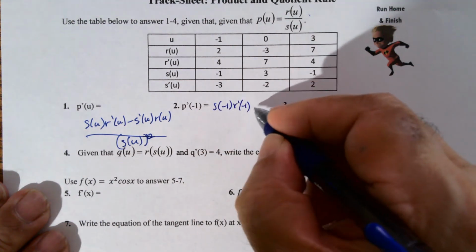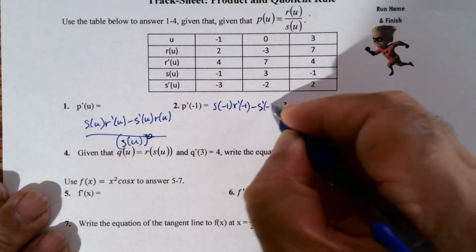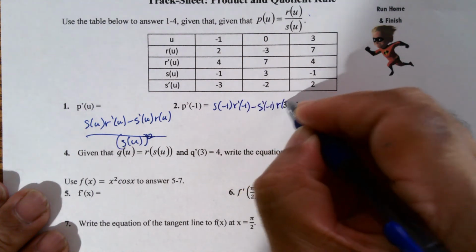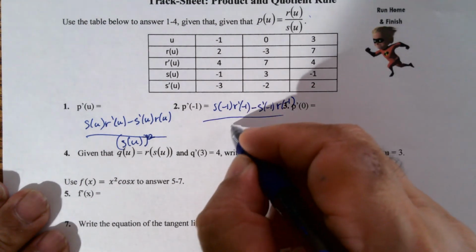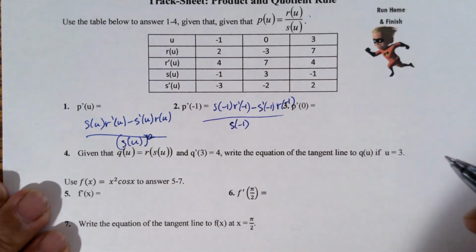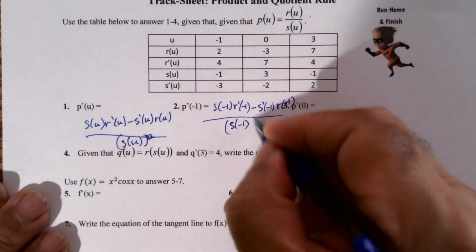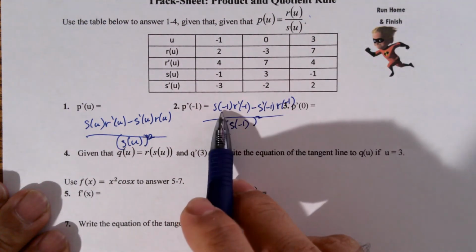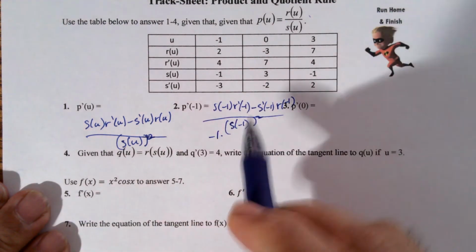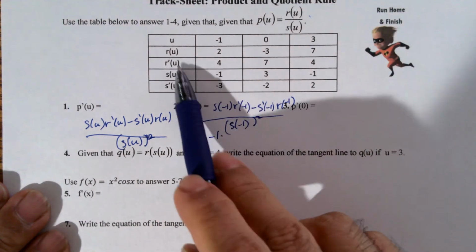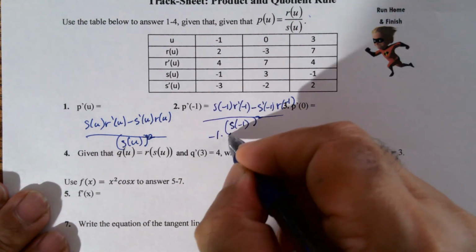And I shouldn't have written it there because I'm running out of space. Minus s prime of negative 1, r of negative 1, over s of negative 1 squared. That would be s of negative 1 is negative 1. R prime of negative 1 is 4.